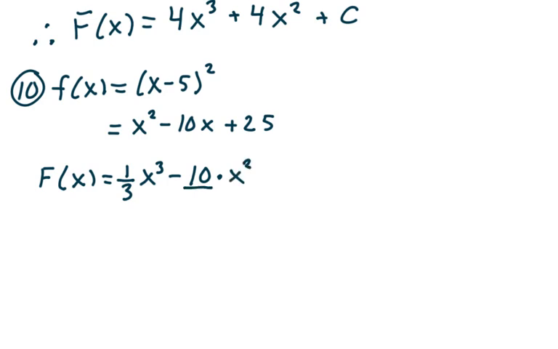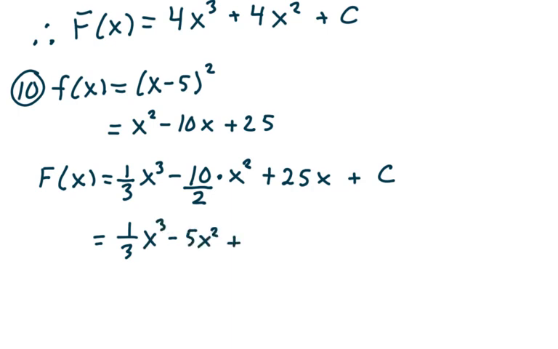But I have to divide that 10 by 2, plus 25x, right? Because the derivative of x is 1, plus c. And if I simplify, I get 1/3 x cubed minus 5x squared plus 25x plus c.